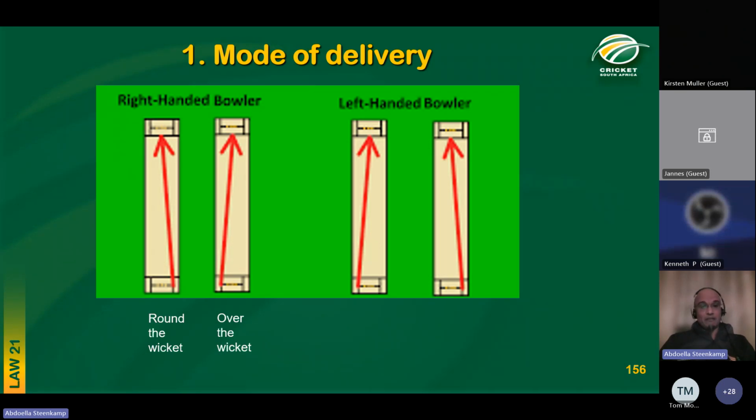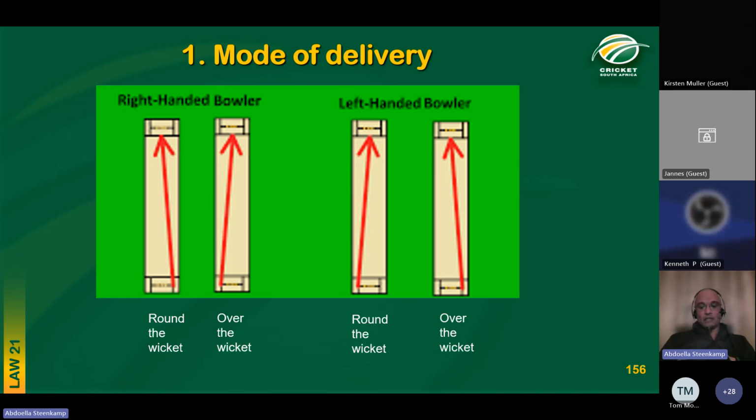The second picture from the left, again visualize a right-hand bowler. Now if you see the bowling hand, the ball is closer to the stumps. And that is now the right-hand bowler bowling over the wicket. Similarly, the same principle applies to a left-handed bowler.